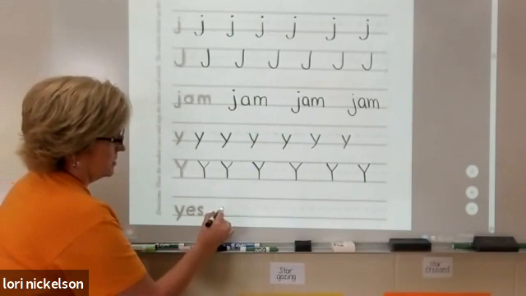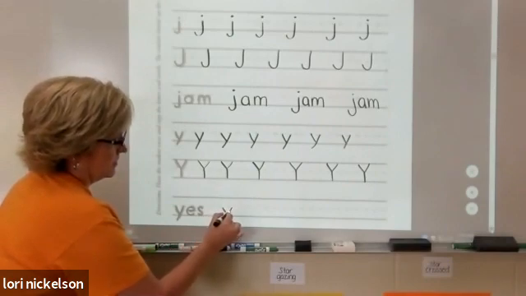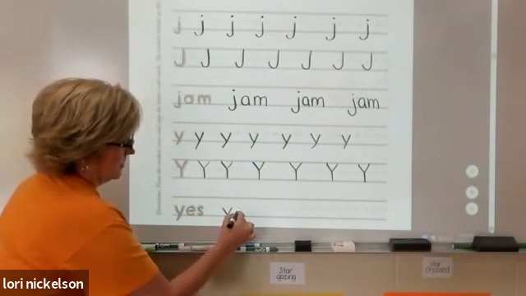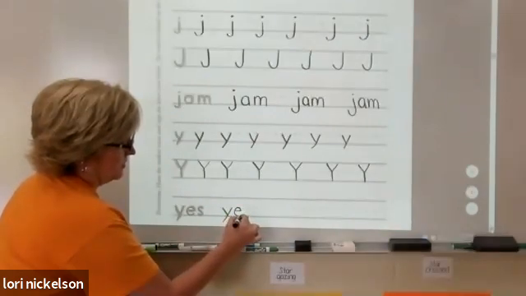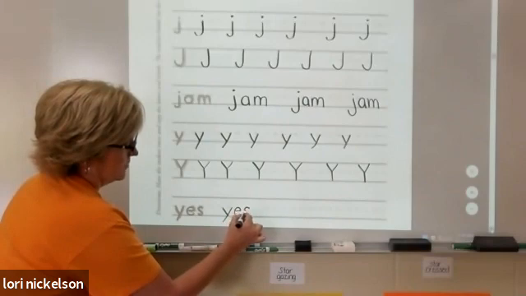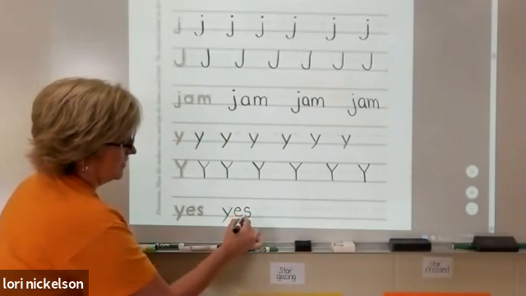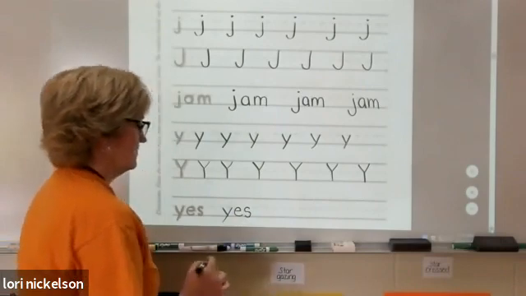So remember, diagonal right, diagonal left. Let's make a short line in and curve around. Half circle left, half circle right to make the word yes.